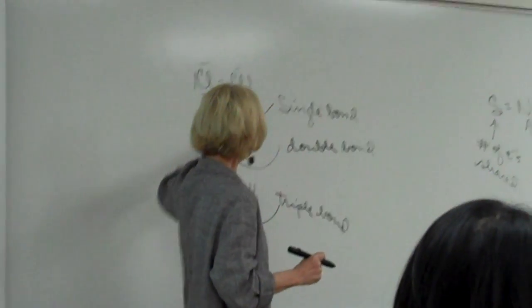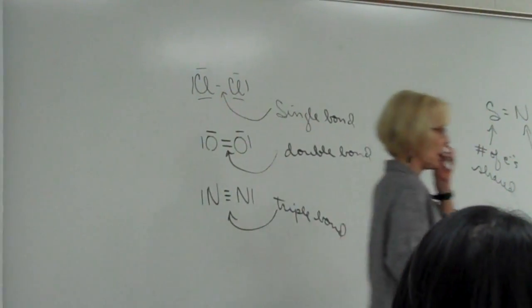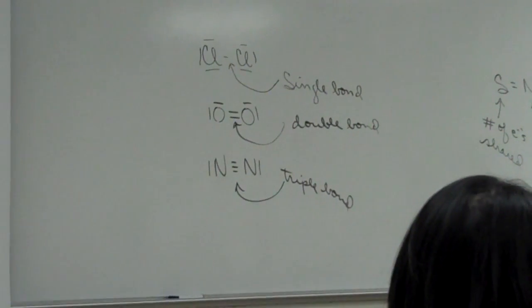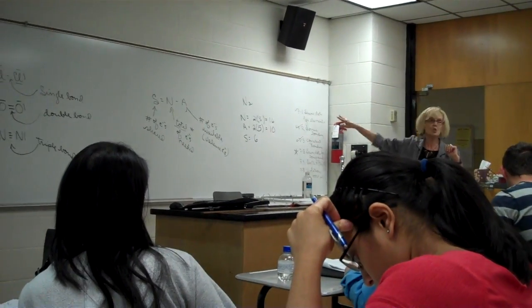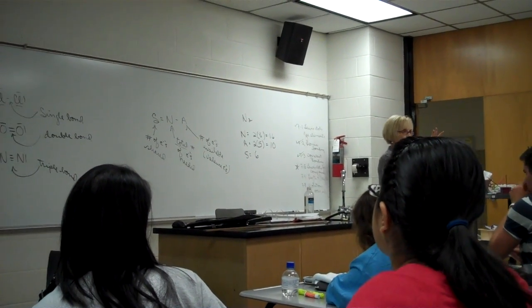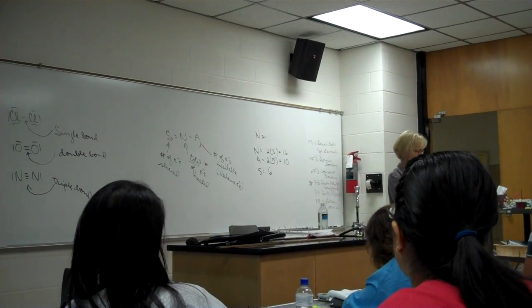Okay, so we have a single, a double, and a triple bond. These could be done by trial and error, but it becomes problematic because if you're doing trial and error, and some of my students do because they're too stubborn to do this, fine, have at it. But like with oxygen, you put an oxygen here and you put an oxygen here, and you try a single bond.